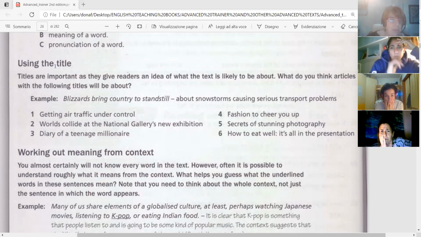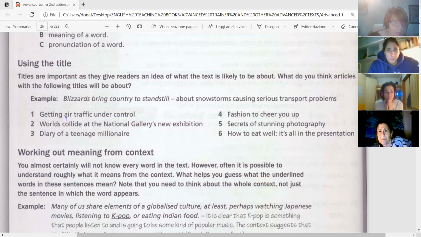Okay, Francesca, could you please read this? Using the title. Titles are important as they give readers an idea of what the text is likely to be about. What do you think articles with the following titles will be about? Example, blizzards bring country to standstill, about snowstorms causing serious transport problems.